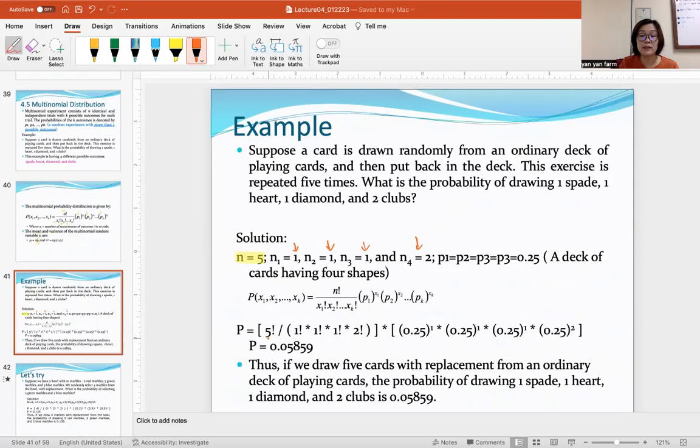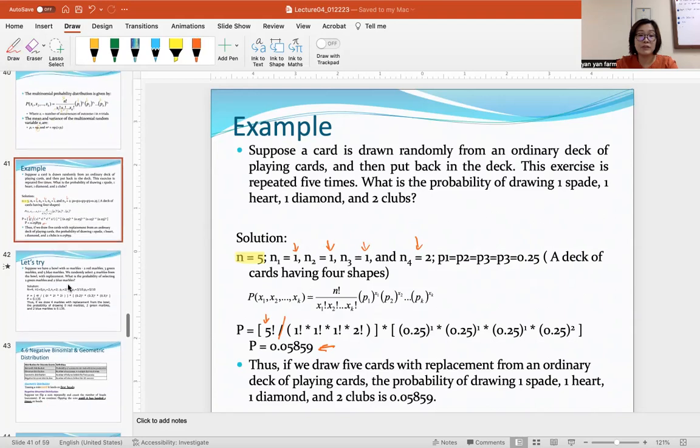The probability of drawing 1 spade, 1 heart, 1 diamond, and 2 clubs: you use this equation, 5 trials over 1 spade, 1 heart, 1 diamond, 2 clubs, times the successful rate of 1 spade, 1 heart, 1 diamond, and 2 clubs. So this is your P. It's quite straightforward. So just try, and if you have a problem, just come back to me.